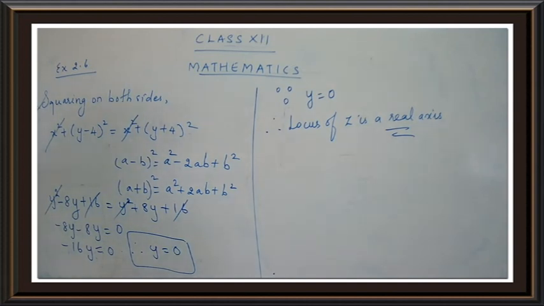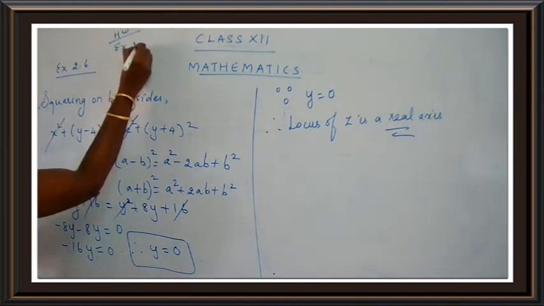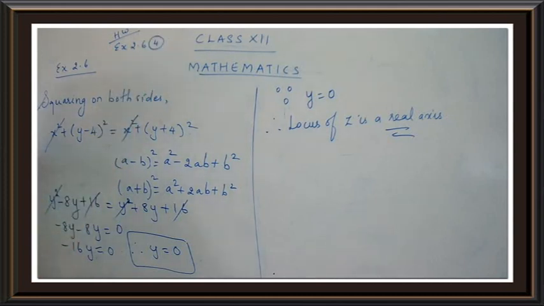Okay, children, before I go to question number 2, I would like you to complete sum number 4 as homework. Your homework is exercise 2.6, question number 4. Question number 4 is to find out whether it represents a circle, and also you have to find the center and the radius.